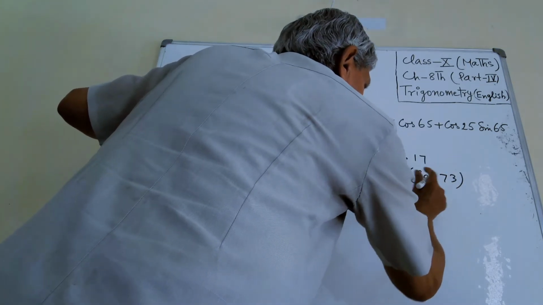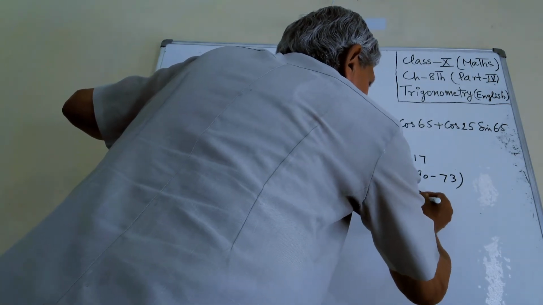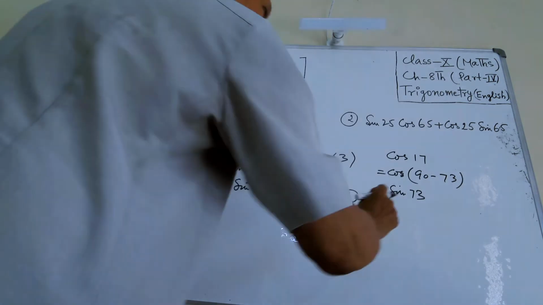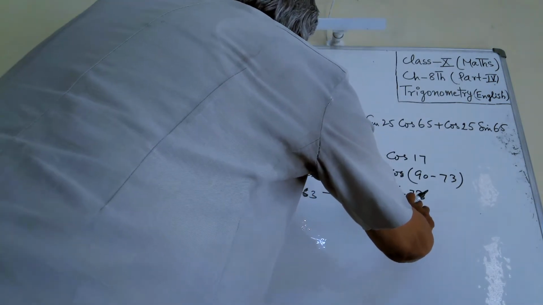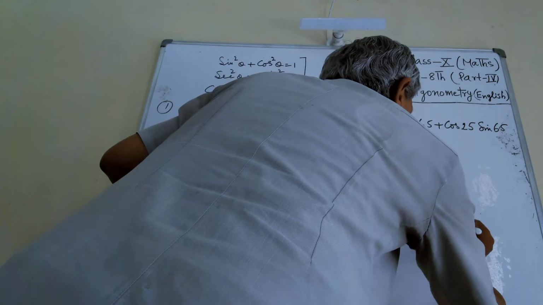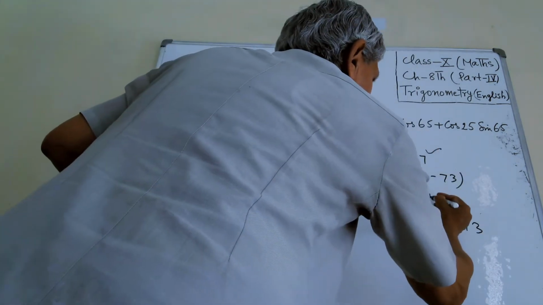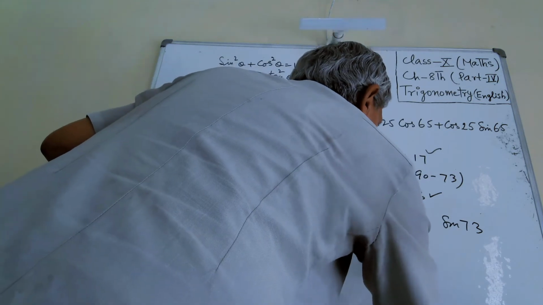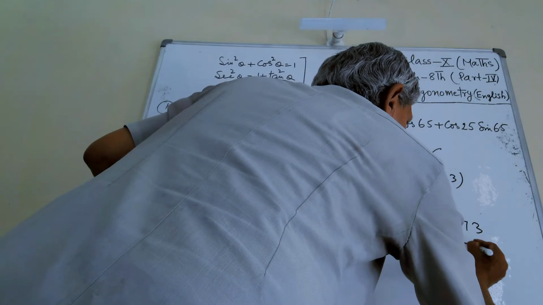Now remove this 90, it will change into sine 73. Cos 17 is equal to sine 73. This is equal to this, and by squaring, cos square 17 is equal to sine square 73.